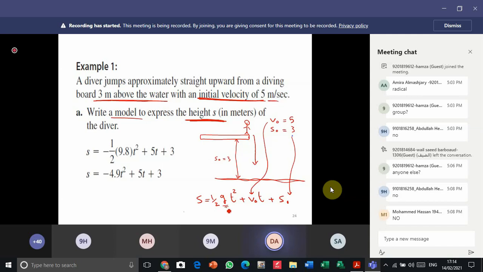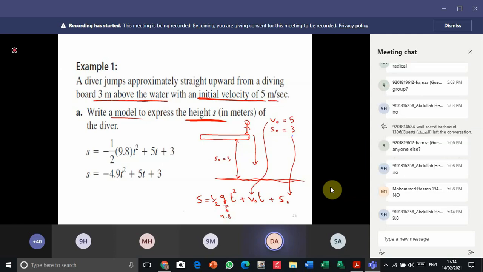Meters. So put g as 9.8 because we have meters, not feet. This is the equation of s. Multiply negative half with 9.8, we have negative 4.9 t squared plus 5t, this is the v naught term, plus 3, this is the s naught.